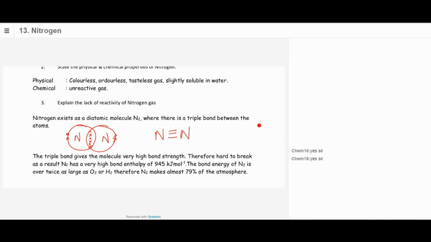During lightning, the triple bond breaks, and also inside the vehicle engine and exhaust system, the nitrogen bond is broken, and the vehicle exhaust releases nitrogen dioxide gas as a result of the reaction between nitrogen and oxygen.